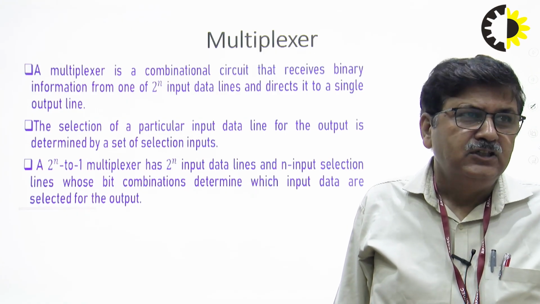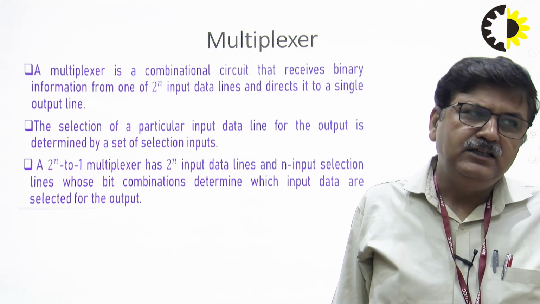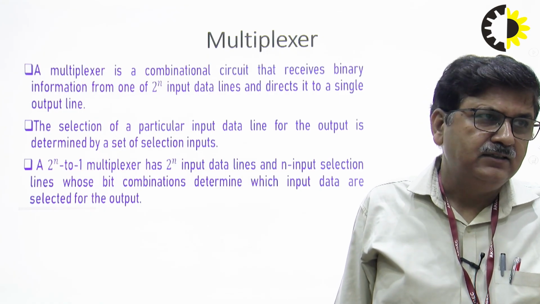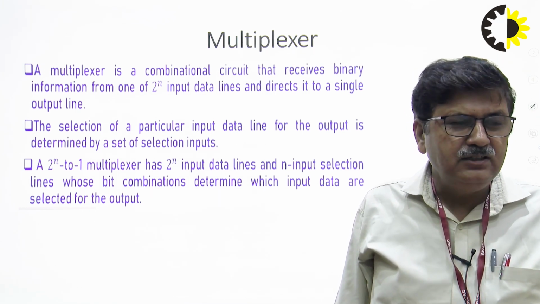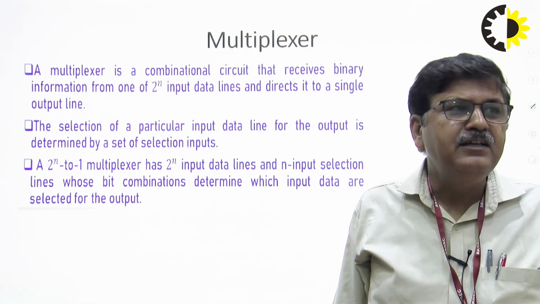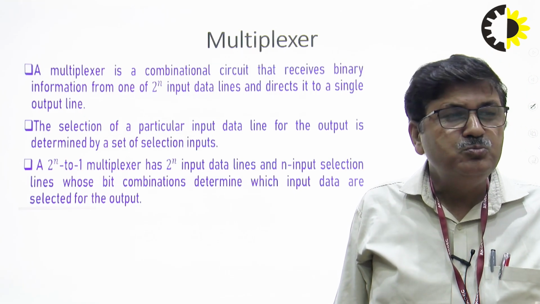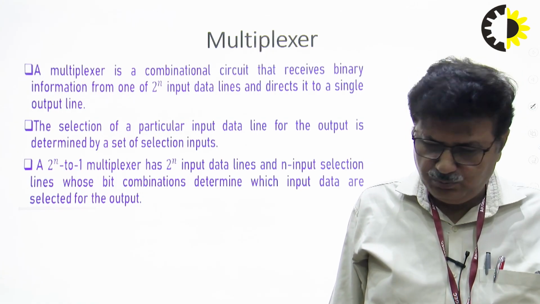Which input will be selected depends on the selection line. So, a 2^n to 1 multiplexer has 2^n input lines and n input selection lines whose bit combination determines which input data is selected to the output.